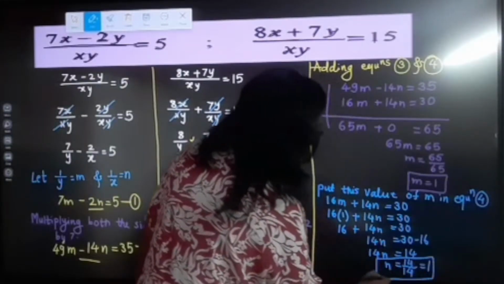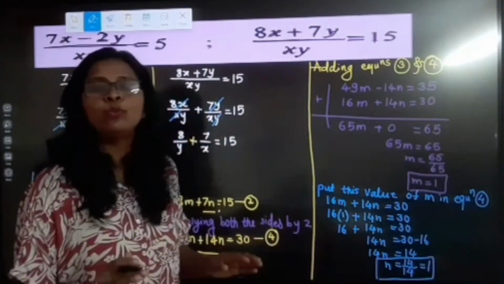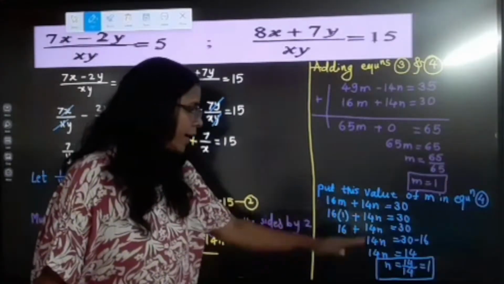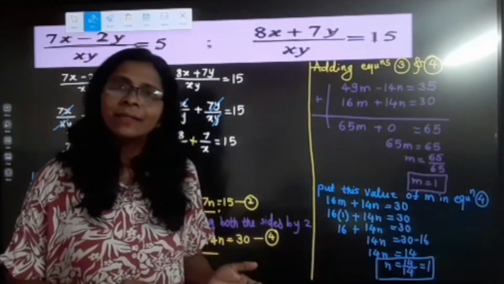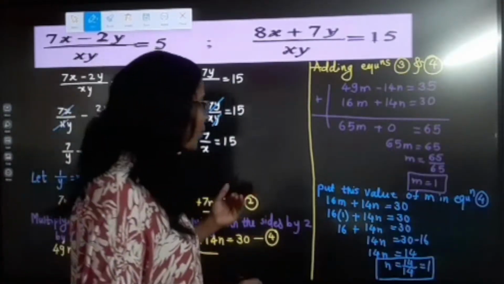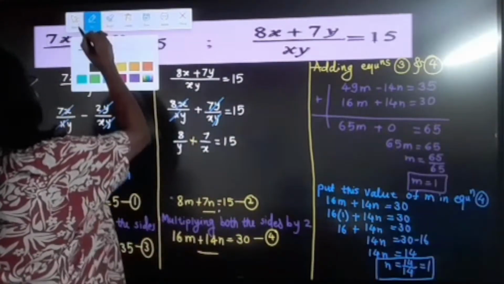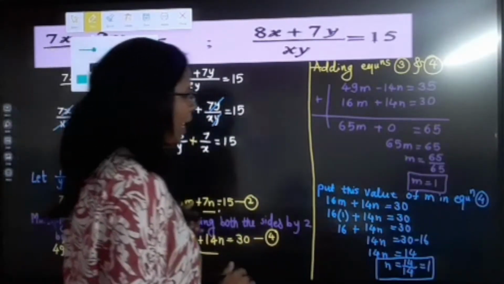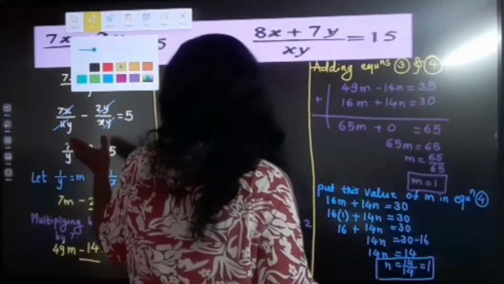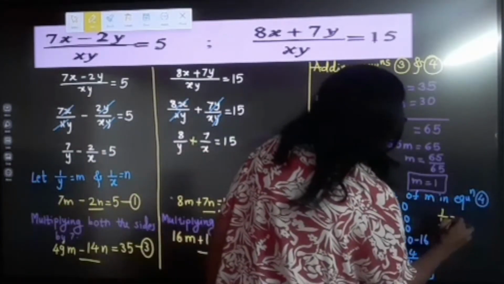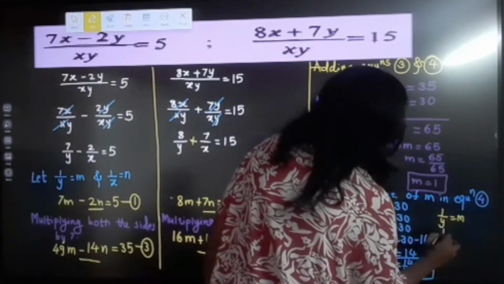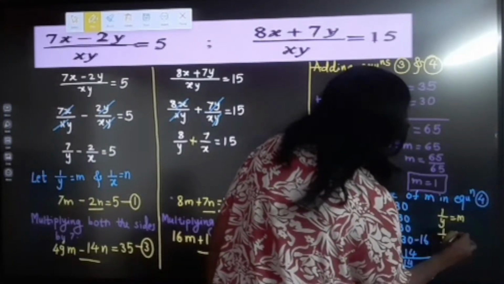Yes, students. Here we have both the values. m is equal to 1 and n is equal to 1. But here m and n are the considerations, students. So we get the values of x and y. The consideration is that 1 upon y is equal to m. So 1 upon y is equal to 1.